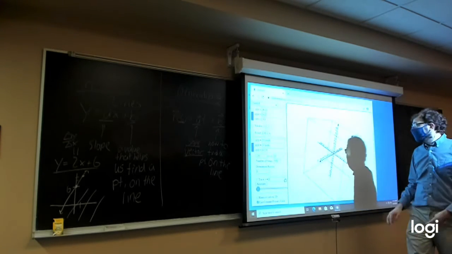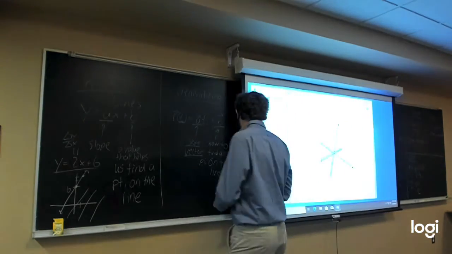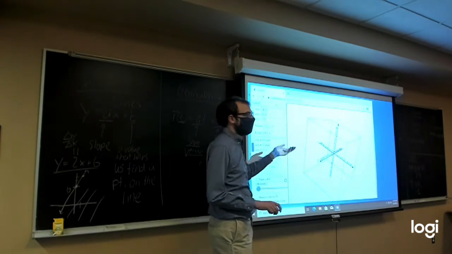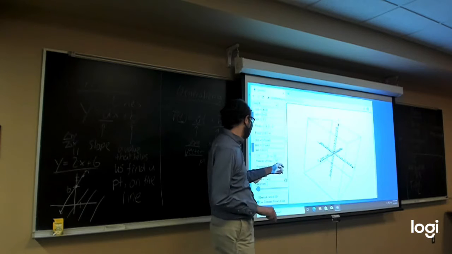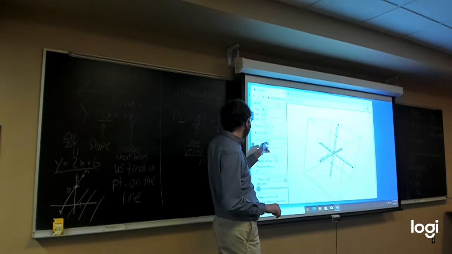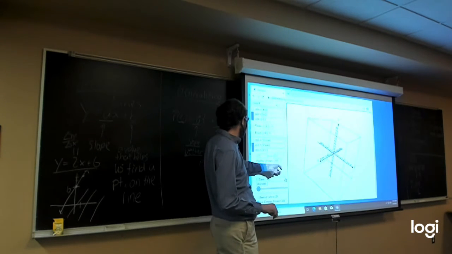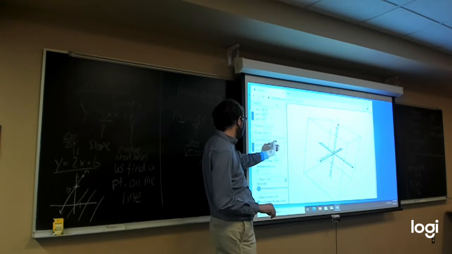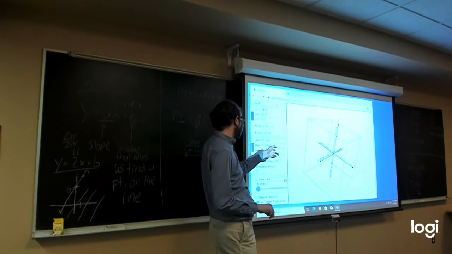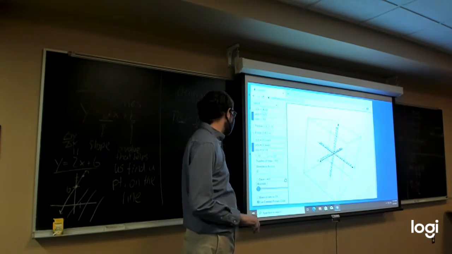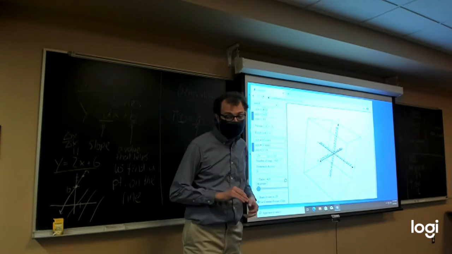So I went ahead and made an XYZ plane, and I've told this website to plot the parametric equations given by x of t is 5 cosine t, y of t is 5 sine of t, and z of t is 0.5 times t.